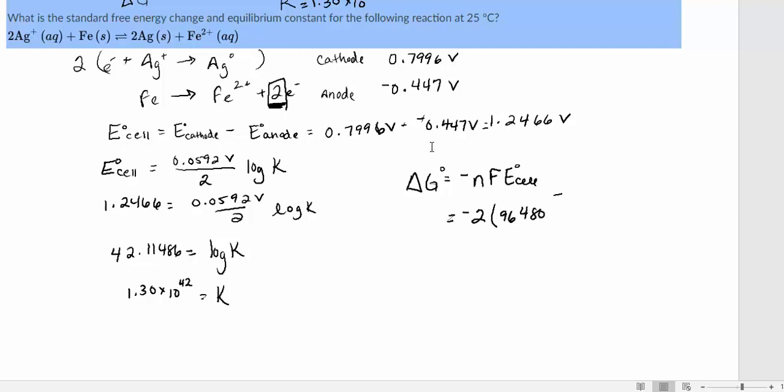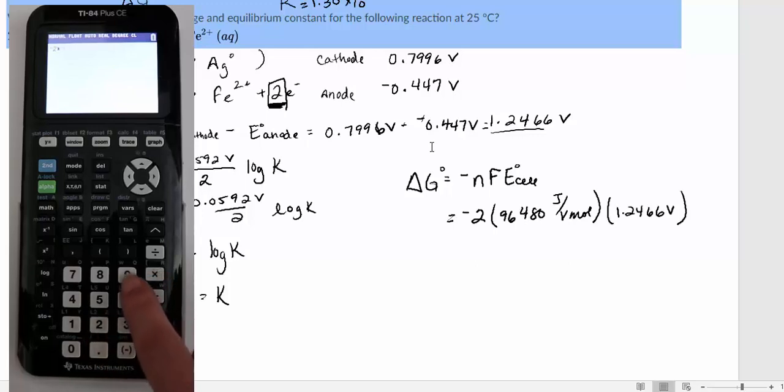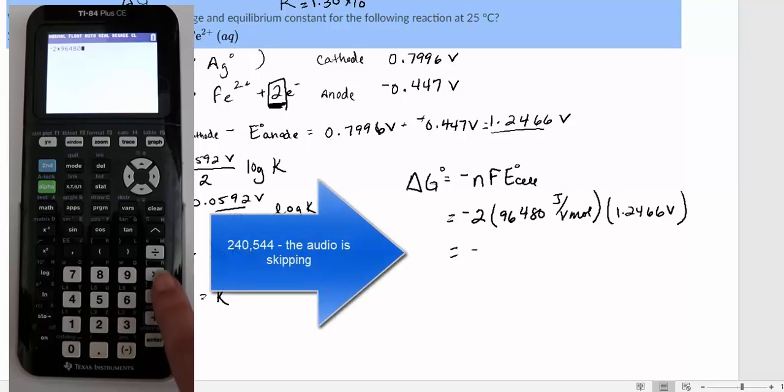And then we have the E naught of the cell. Again, I didn't round it on purpose. And then we do our multiplication. When I multiply this all together, I get a negative 244, and the units here are going to be joules per mole.